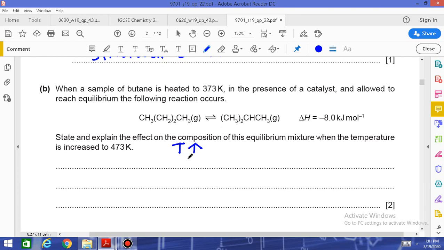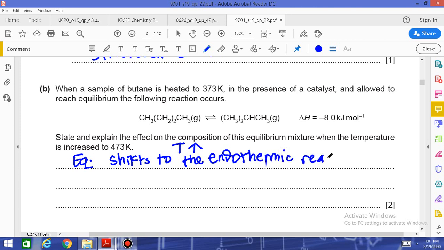When temperature increases, the equilibrium shifts to the endothermic reaction, or the side that needs energy or heat.